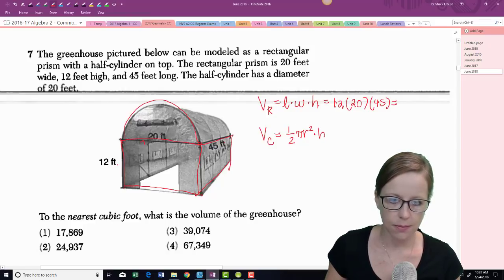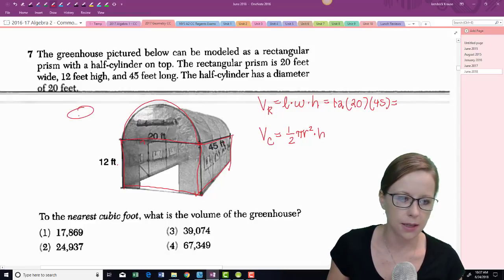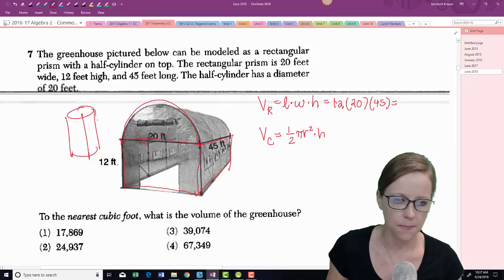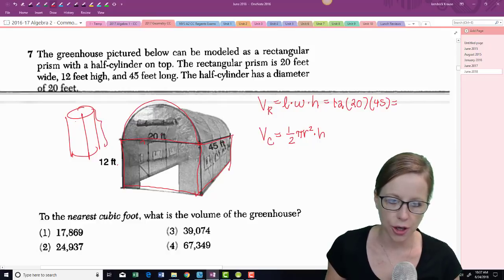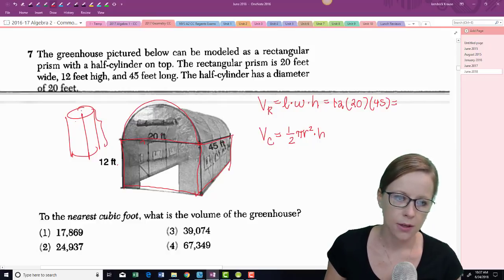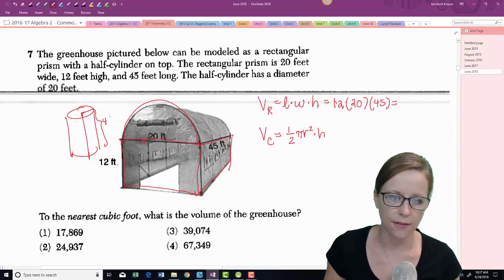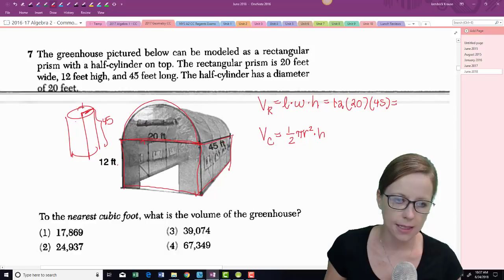Now, typically when we see a cylinder, we are calling the height this length, right? And in this picture, it's tipped over on its side. So our height is going to be 45, and we actually need the radius. So the diameter is 20, but the radius is 10.